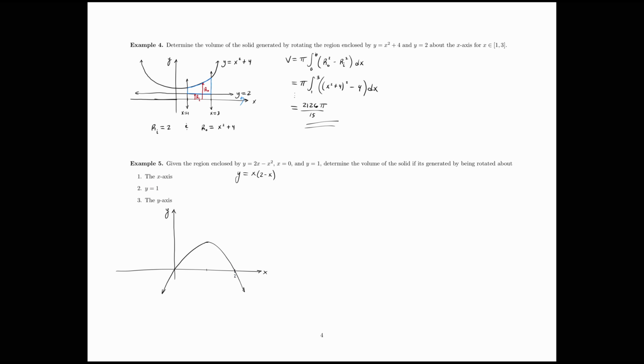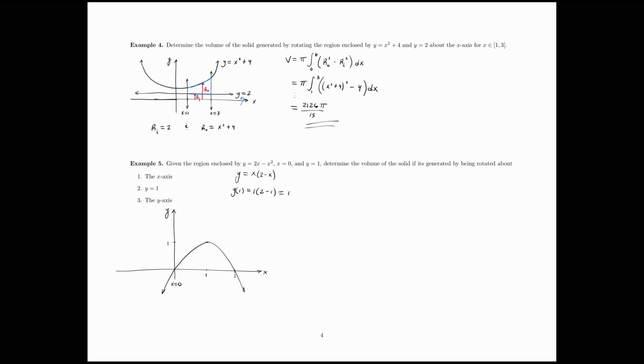We've got x equals 0. X equals 0 is just the y-axis itself, and y equals 1. So we have to figure out, where do we draw y equals 1? Do we draw it up here? Do we draw it right there? Or do we draw it below here? So we really have to figure out, what is this y value? So we know this is x equals 1. So this value here would be whatever we get when we plug in 1 into the function, so y of 1 would be 1 times 2 minus 1, which is 1.